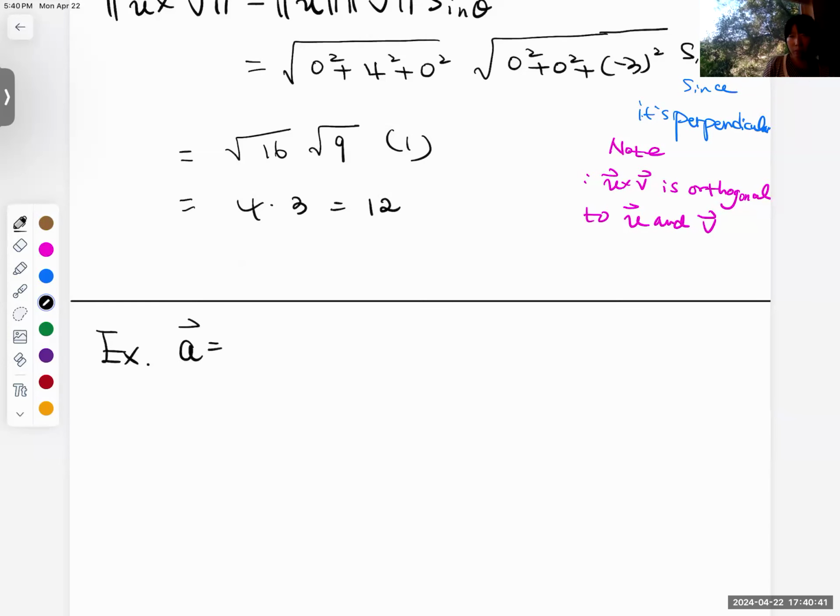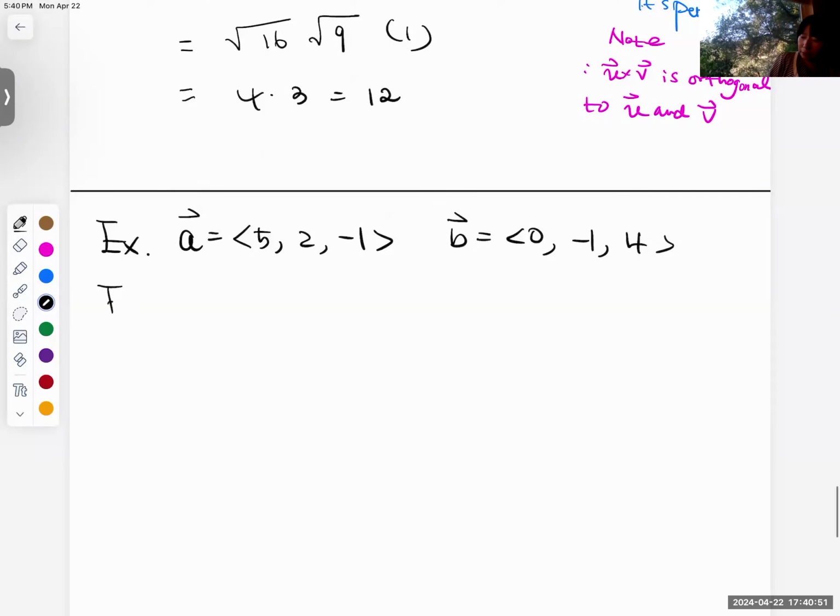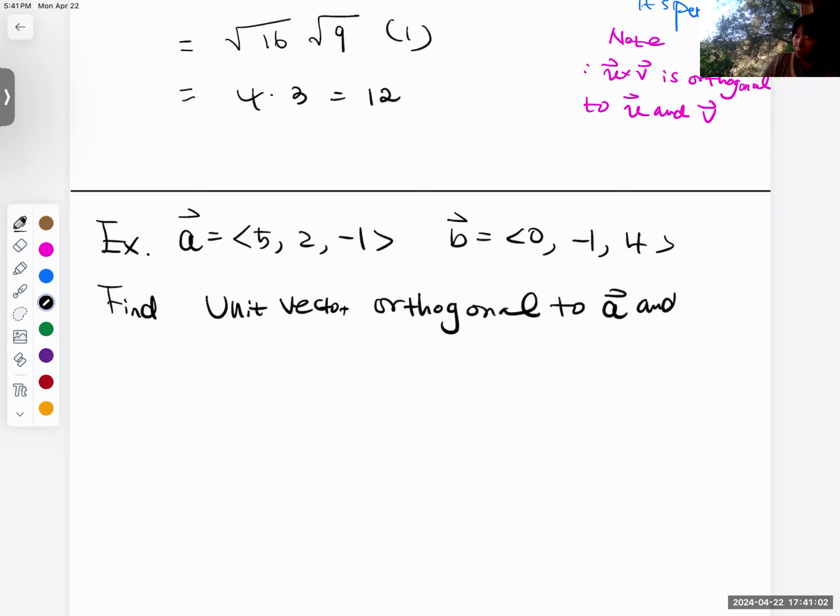All right. So we have a vector A, which is 5, 2, -1, and vector B, 0, -1, 4. Find unit vector orthogonal to A and B. Okay, so does anyone remember the formula of the unit vector?